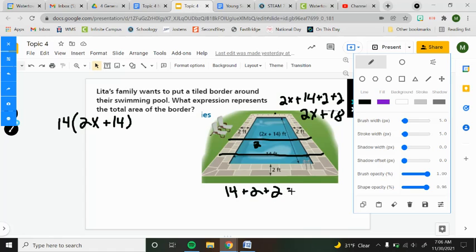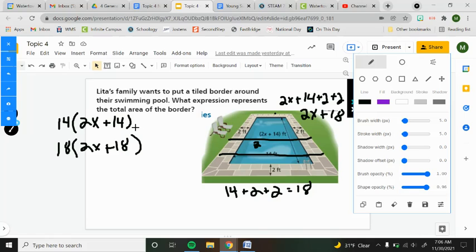So that would become 18. All right. So now my dimensions of the water plus the border to get the area would be 18 times 2x plus 18. Okay.